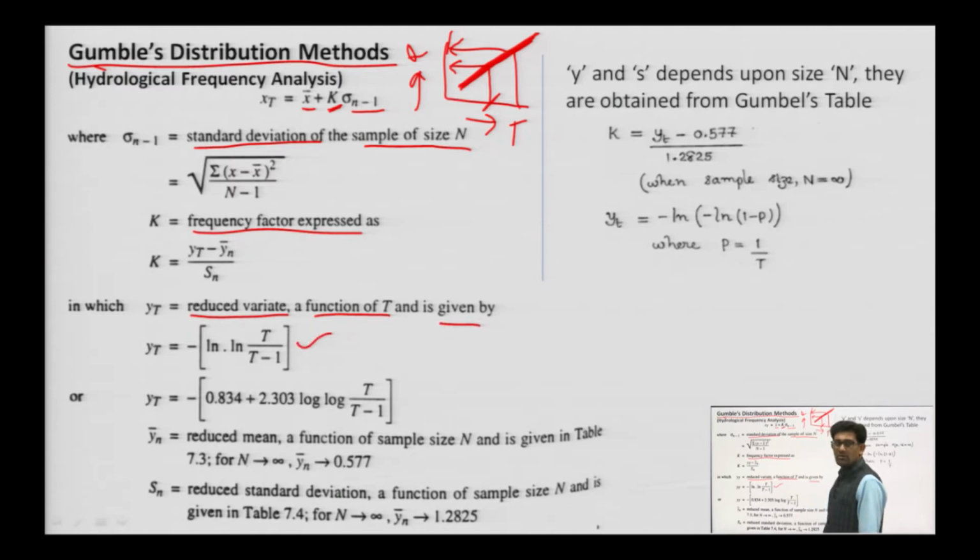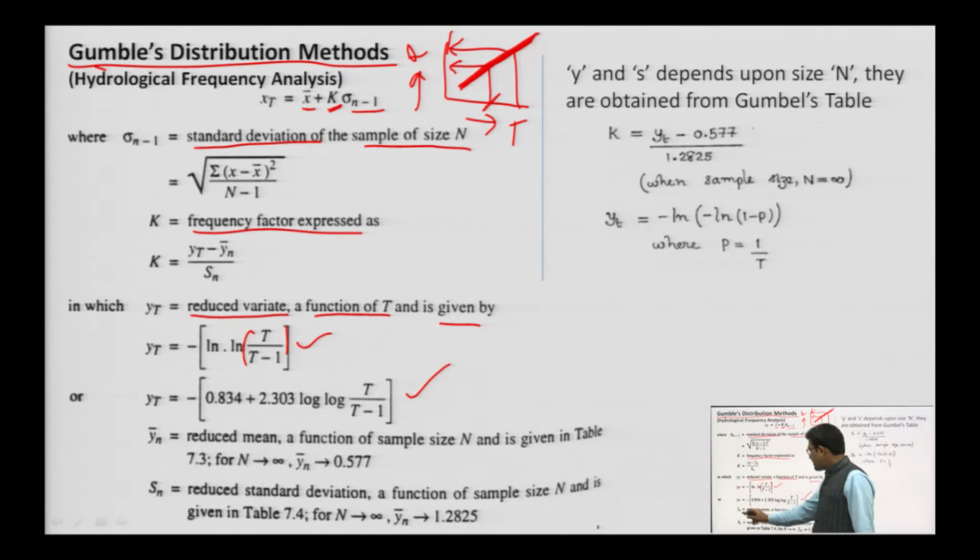He proposed it based on many experiments: yt equals minus ln of ln of t over t minus 1, in log base e. So, based on time interval t, that can be used.